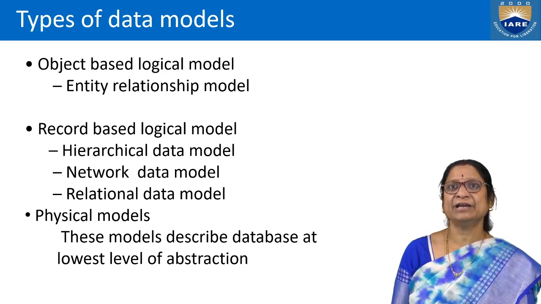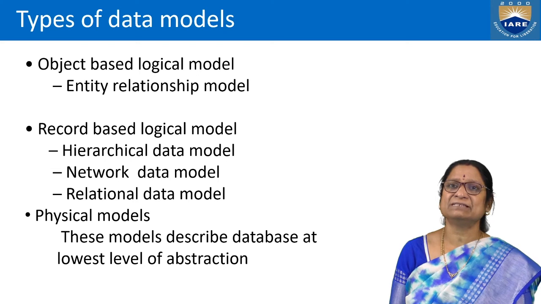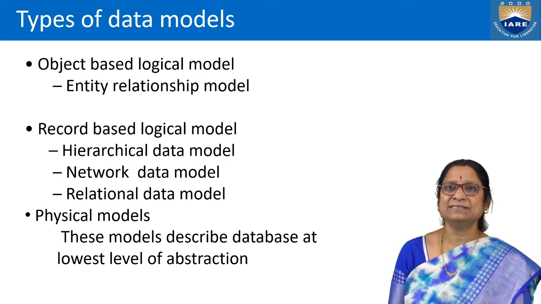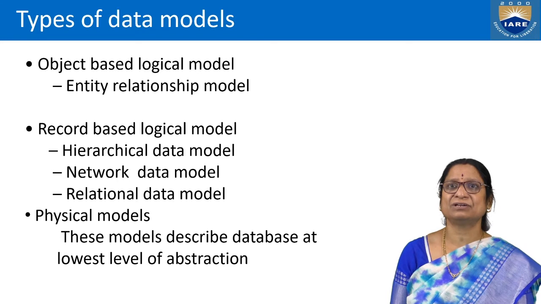Already we have an idea about files, because after the file management system only, we move to the database management system. That means whatever record structures we used in files, the similar record structures constitute the basis for our record-based logical models.